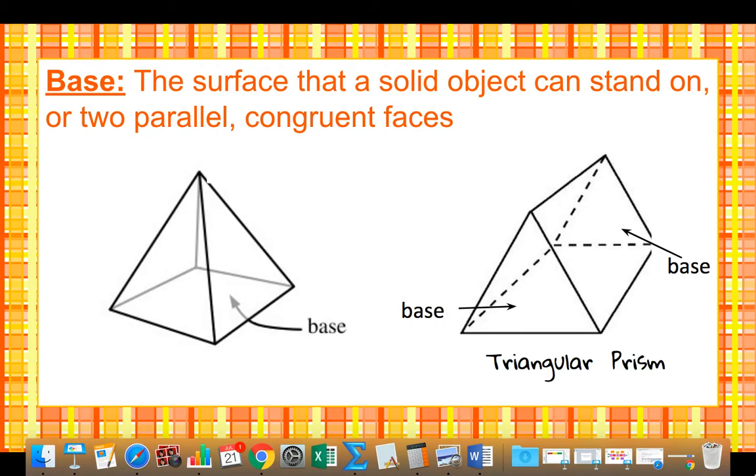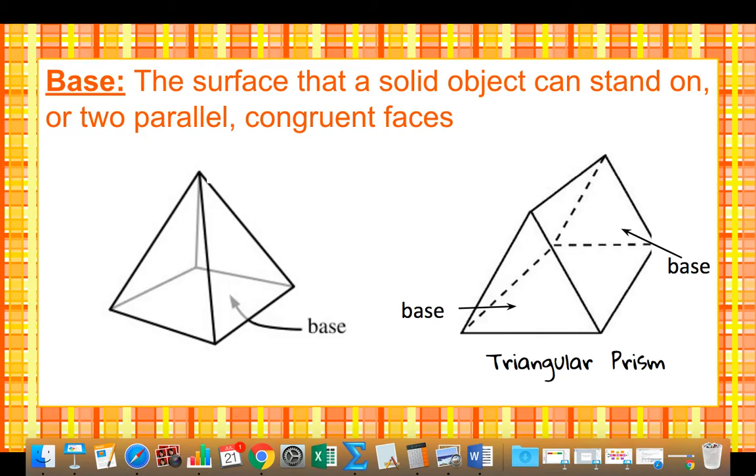Now, base, this is an important term. Base is not always the face that the solid object can sit on. I know we think of a base that way, but in the case of a prism, the triangular prism that's shown on the right, the bases are the two parallel congruent faces.